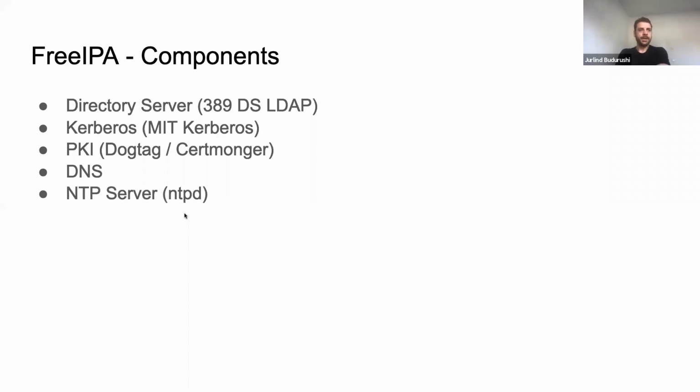Next is the NTP server, using NTPD from the server perspective, or Chronyd, depending on what version you are using. And why do you need an NTP server? Well, as we know, the Kerberos protocol is very sensitive to proper time synchronization between the key distribution center and the authentication nodes.